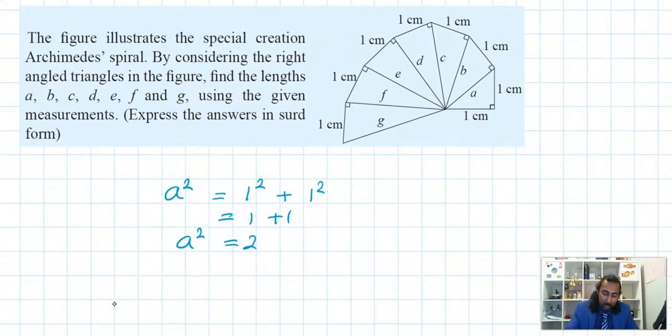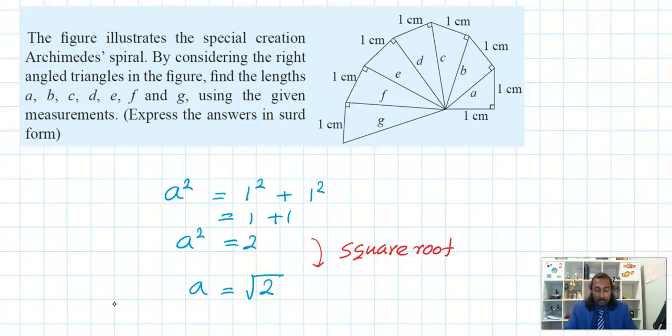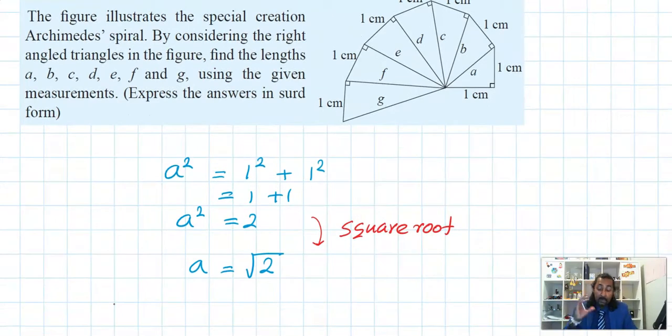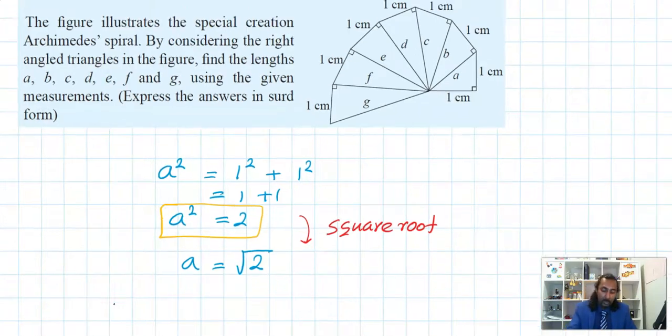Hence, I can simply write down a is square root of 2, taking the square root operation for both sides. I found one of them. What you must remember is that this particular step is quite important. We will be using that one fairly soon.